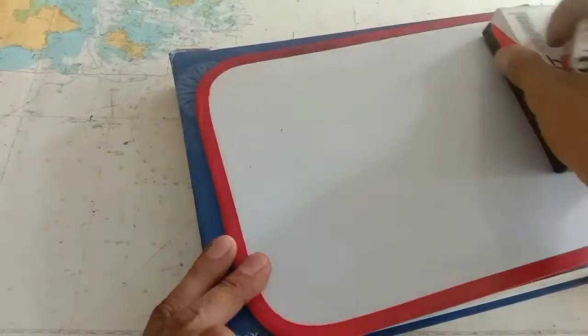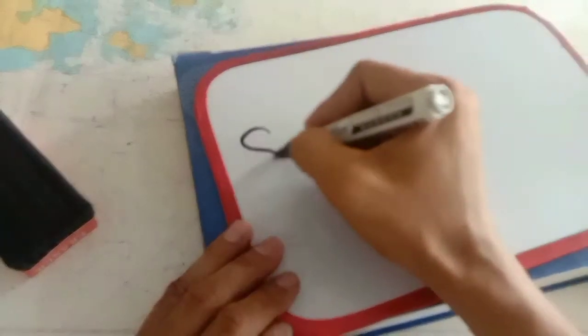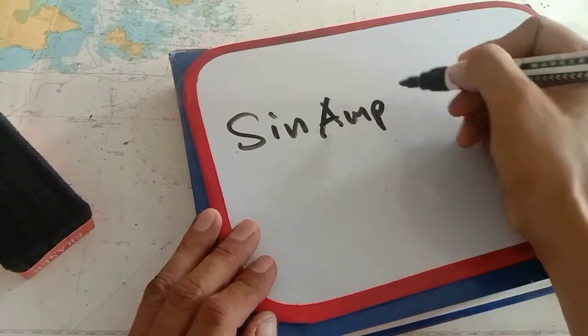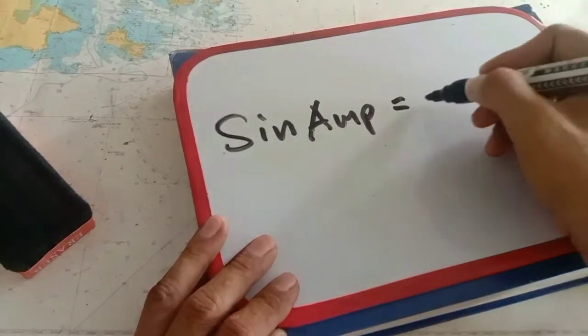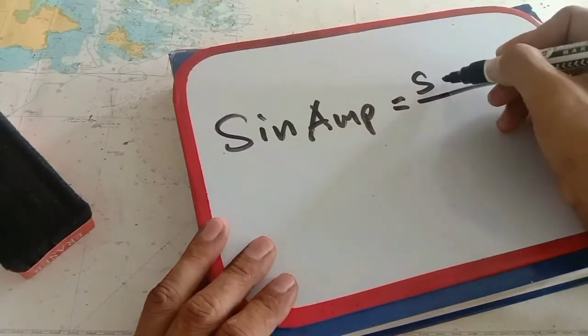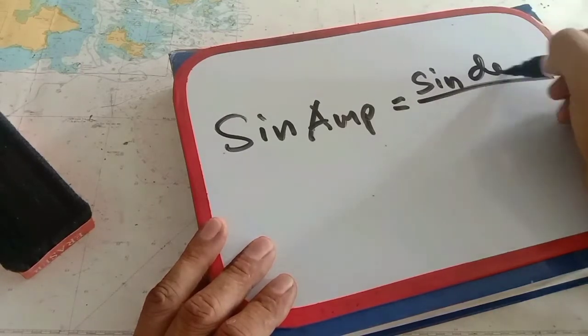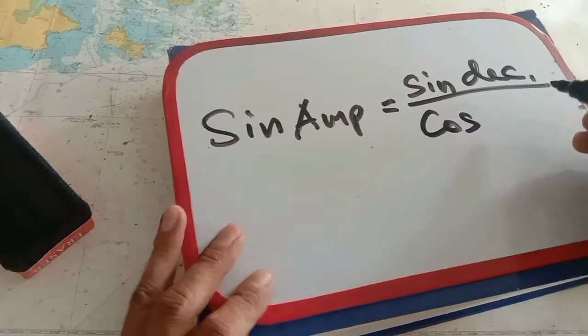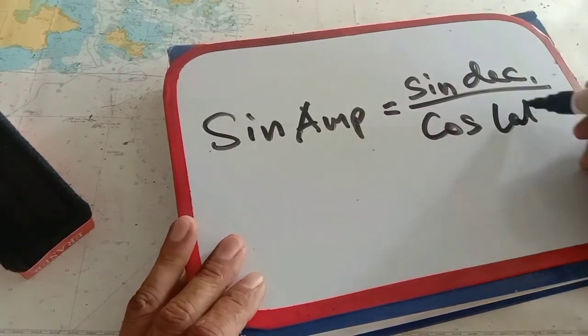Now, using the formula, sine amplitude is equal to sine declination over cosine latitude.